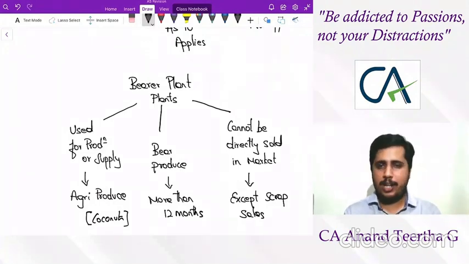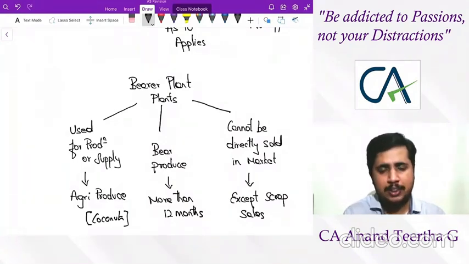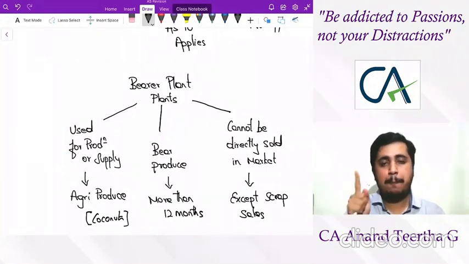So any tree or any plant you take in that manner, first, its life should be for more than 12 months. Then it should be used for the produce, and a very important point, the plant cannot be directly sold in the market.